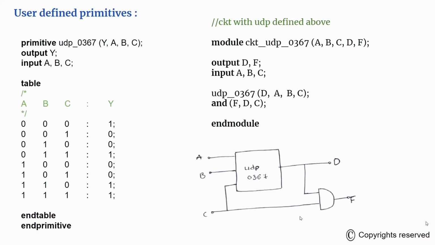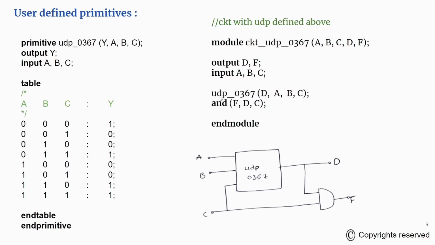Now let's try to write a Verilog module with this user-defined primitive. In your code, you have to first define the UDP. You start a module and name it. I'm naming it circuit_UDP_0367, and this is my port list where A, B, C are my inputs, and D and F are my outputs. Then, UDP_0367 D, A, B, C. In this statement, I am instantiating the user-defined primitive that I have defined.